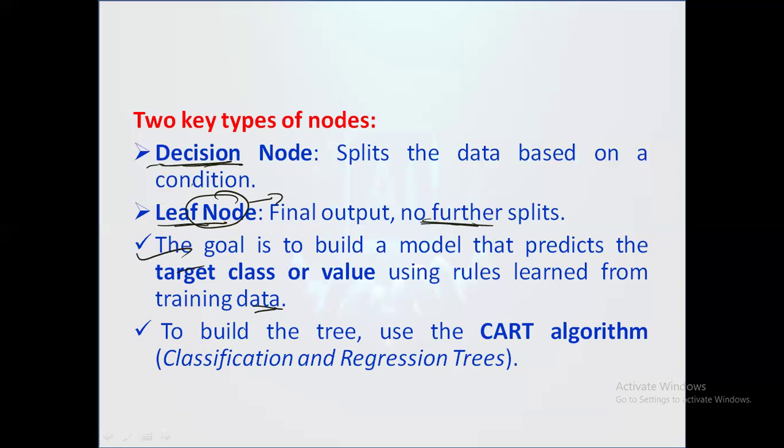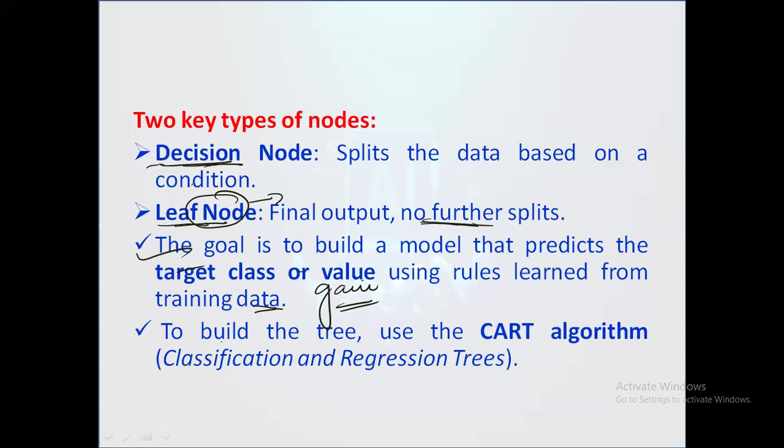This is achieved by recursively splitting the data based on features that provide the highest information gain, where gain plays an important role, as we will see in the problem, or the lowest impurity.